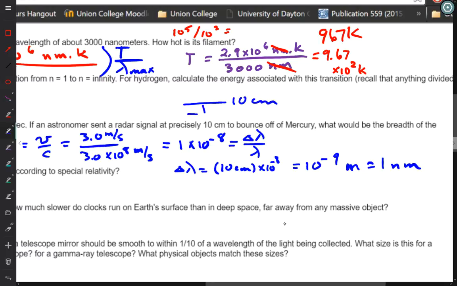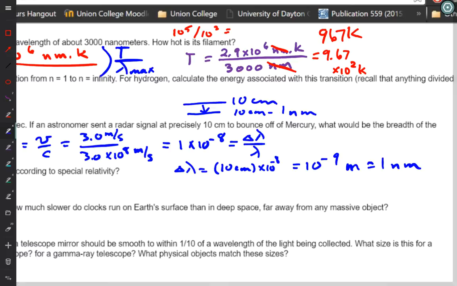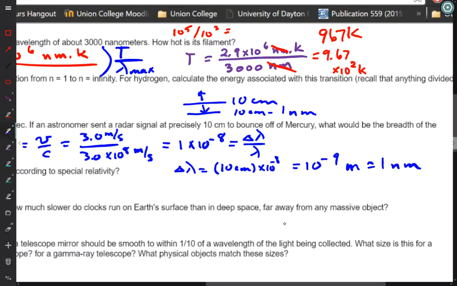And then I have down here a shift to 10 centimeters minus 1 nanometer. Is that a red shift or a blue shift if it's gone to a shorter wavelength? Shorter wavelength is higher frequency, so it's a blue shift. We also have the shift up here to 10 centimeters plus 1 nanometer.